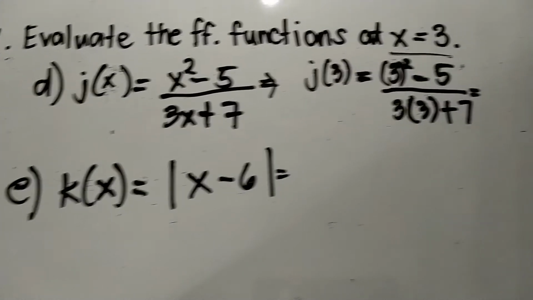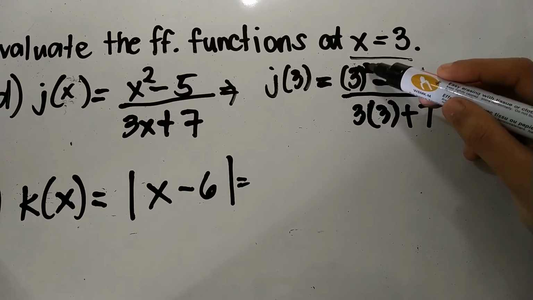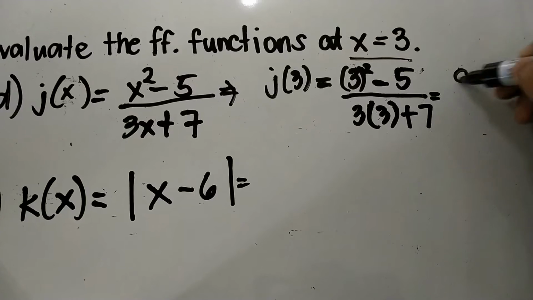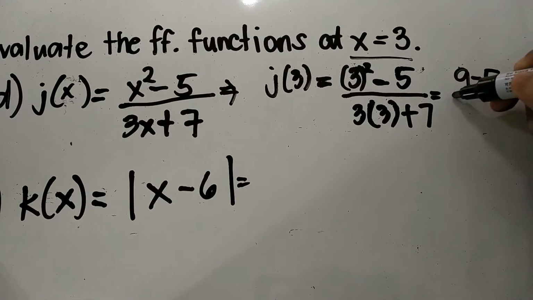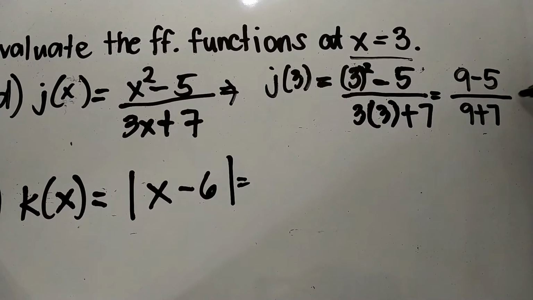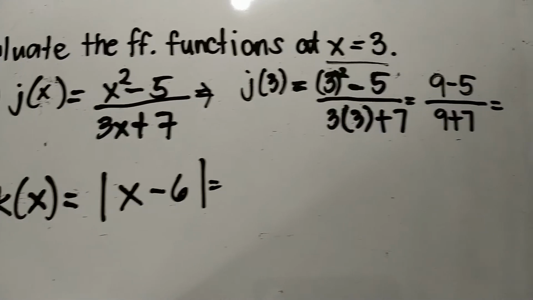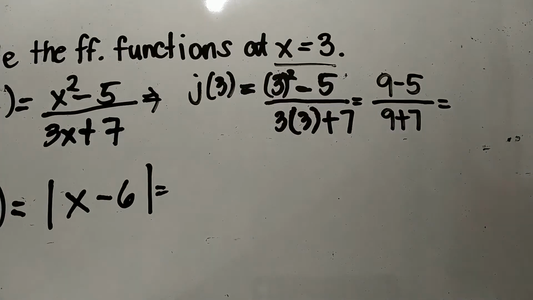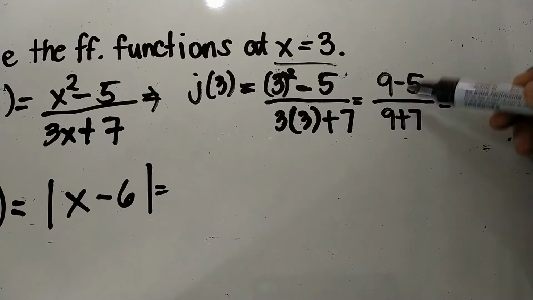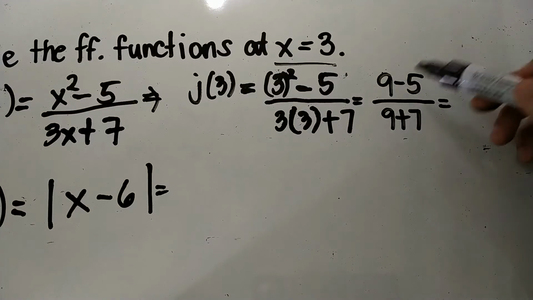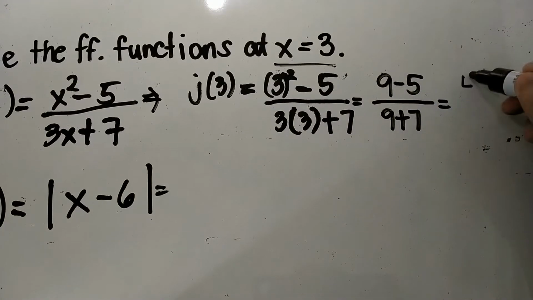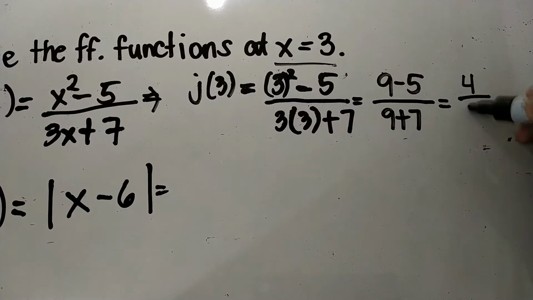So when we solve this using the GEMDAS rule, 3 squared is 9 minus 5 over 3 times 3 is 9 plus 7. Yung mga sakit natin dyan, ang mga cancellation, hindi yan uubra, because it's not multiplication. Meron kasi siyang sa middle part na mga operations. So, hindi pwede. So, let's simplify. 9 minus 5 is 4. 9 plus 7 is 16.